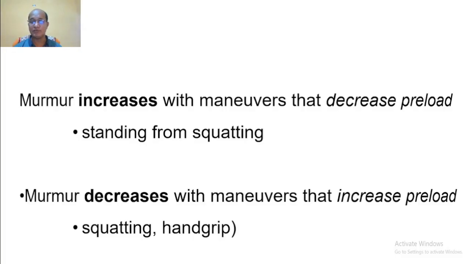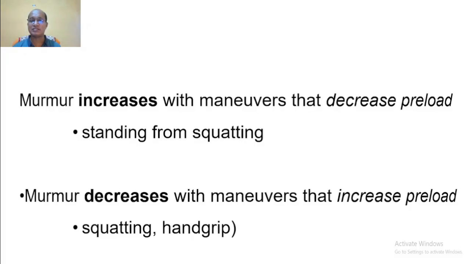Usually we examine the patient in sitting or supine position. After completing the examination in sitting position, first ask the patient to grip his or her hand strongly and try to identify the intensity of the murmur.